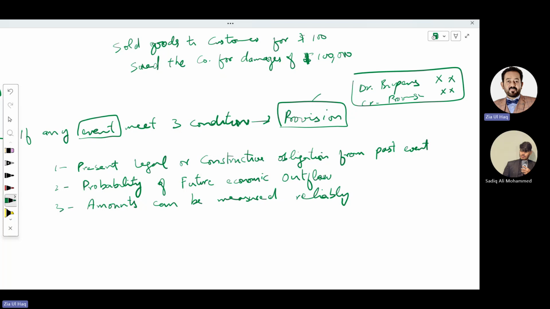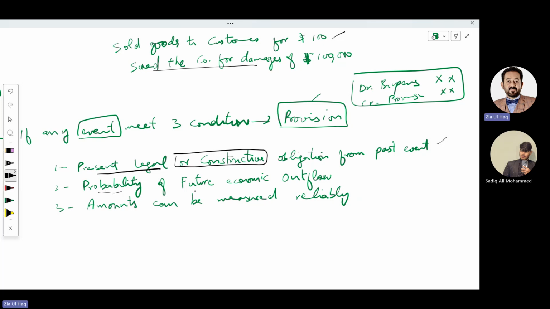What do these conditions mean? There should be a present legal obligation. I'm leaving constructive for now. Present legal obligation means there is an obligation if he has filed a case in the court. So there is a legal obligation on the company that arises from a past event. Obviously, in the past, the company did something, meaning the company sold goods to the customer. So this condition is fulfilled. Probability of future economic outflow means there are chances that the company needs to pay an outflow amount.